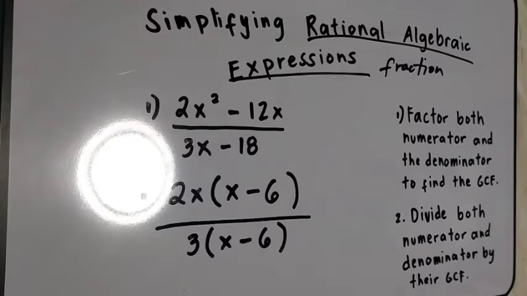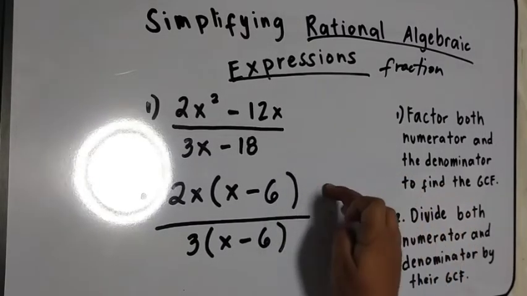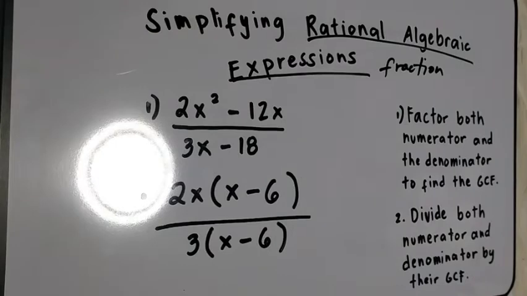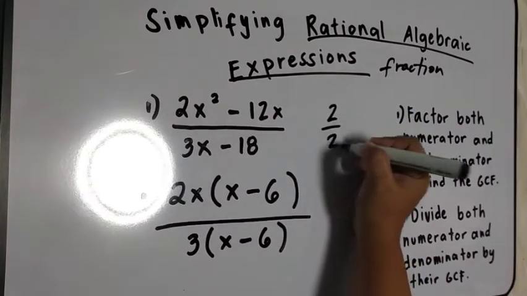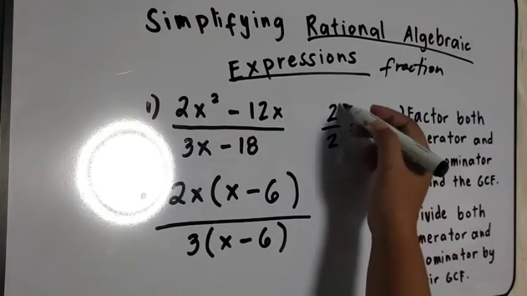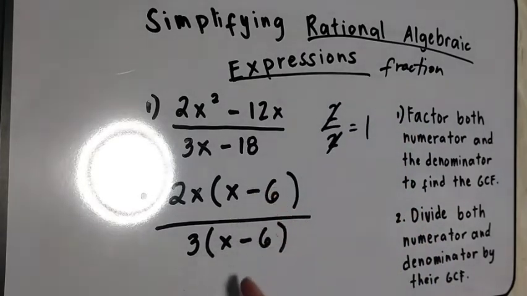Now, pag na-factor mo na, titignan mo na dyan kung merong common. Yung common na ibig sabihin kasi i-divide daw siya. Kapag nakakita ka ng pareho na expression sa numerator at denominator, automatic, pwede natin silang i-divide, wherein magiging equal sila sa 1. Diba parang kung meron kang 2 over 2, equal na yan sa 1? Pag parehong-pareho sila, cancel na yan. So, dito, diba pareho sila?